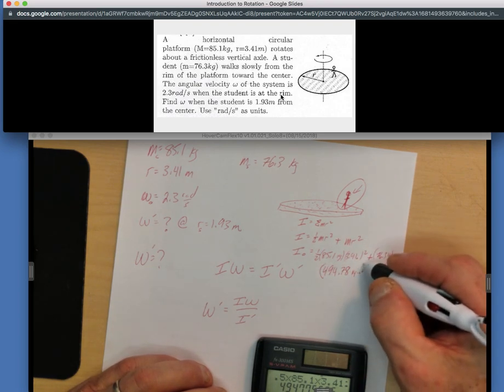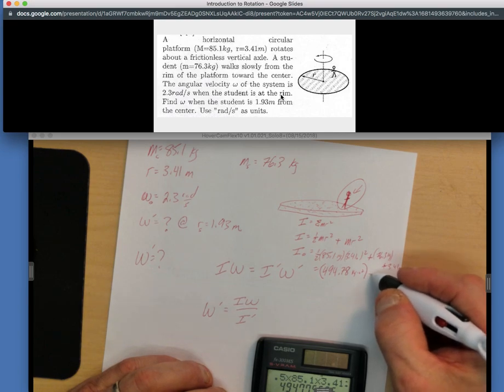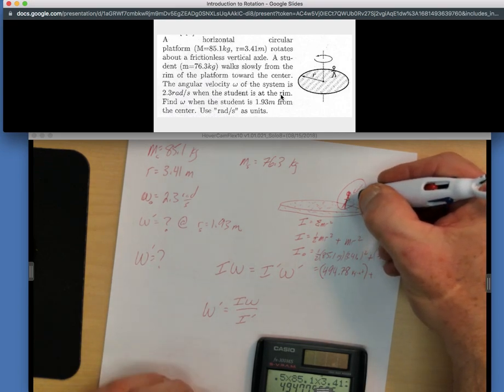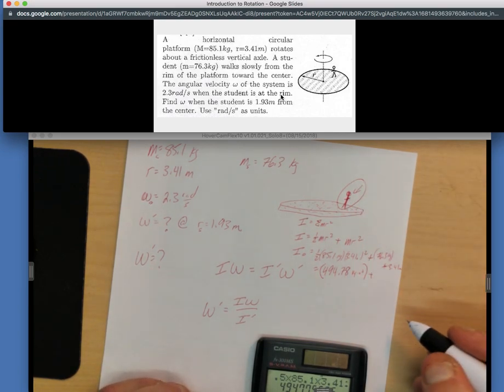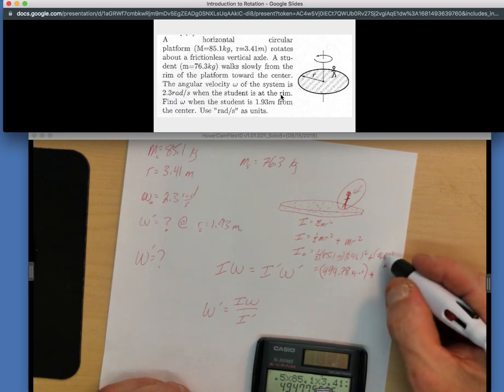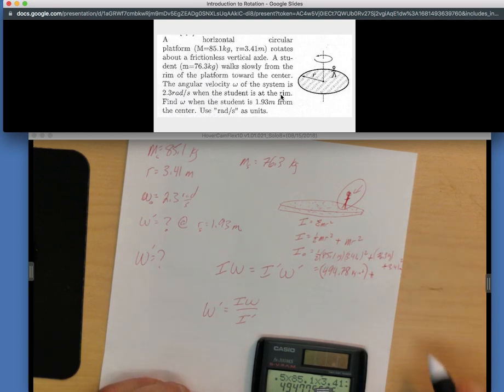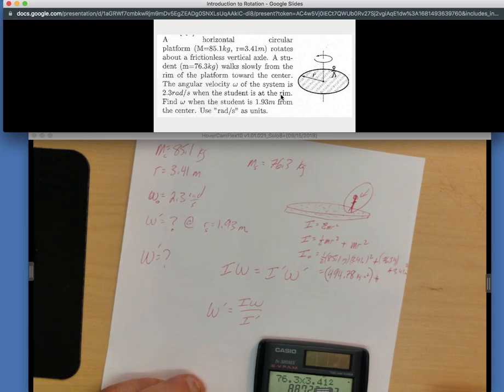That's just the disk. And the person also adds inertia, as a point particle, so it's m times r squared, and that's 76.3 kgs times 3.41 squared, and I get 887.22.